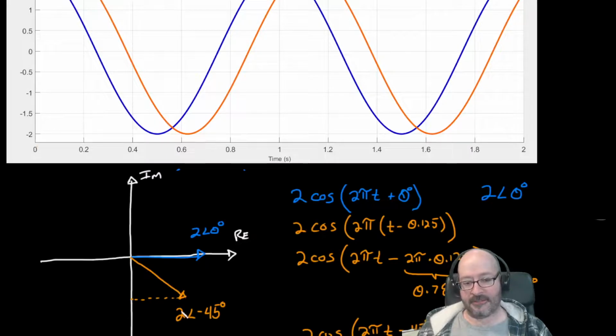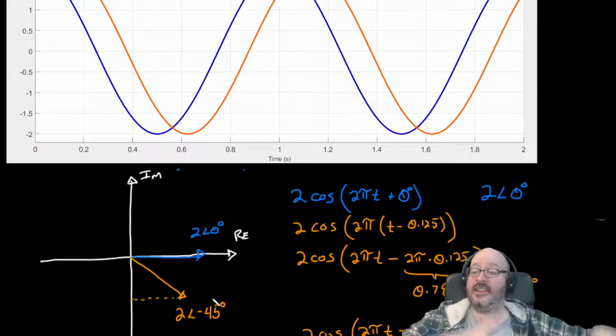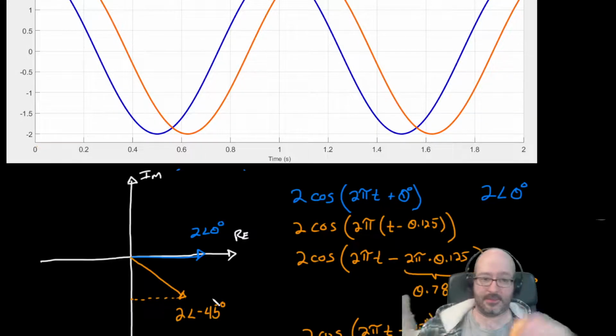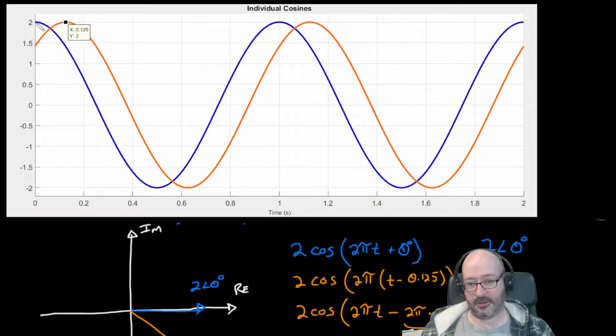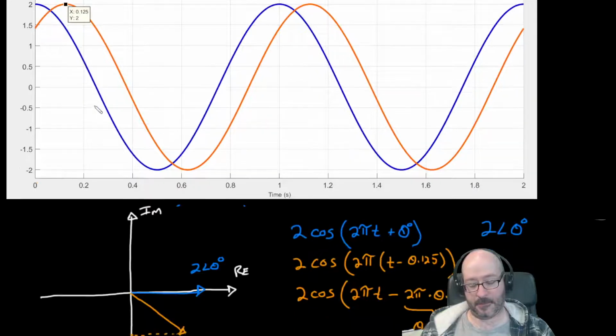So that phase shift, negative 45, tells me where to draw that phasor. Now, as we set these rotating, we're going to rotate them counterclockwise, right? The 2 is going to head this way, so it's going to head towards 0. Okay, so it's at its peak and it's going to head towards 0. So the blue is here, it's at its peak, and it's going to head towards 0.